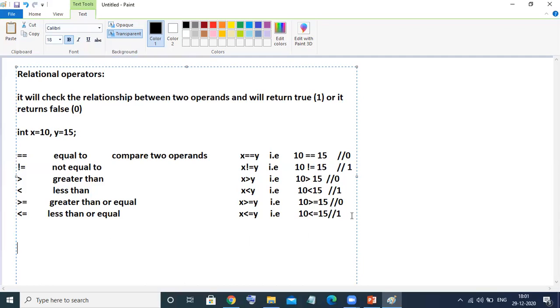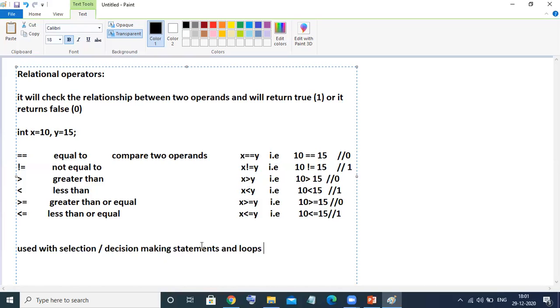Generally, these relational operators are used with selection statements, or I can say decision making statements, and loops as well. Generally they are used to check the condition and to make a decision, whether it is equal, whether it is greater than or equal to, or whether it is less than or equal to.